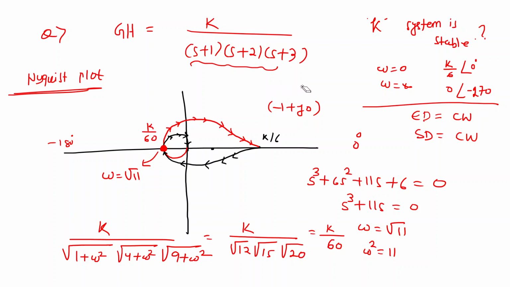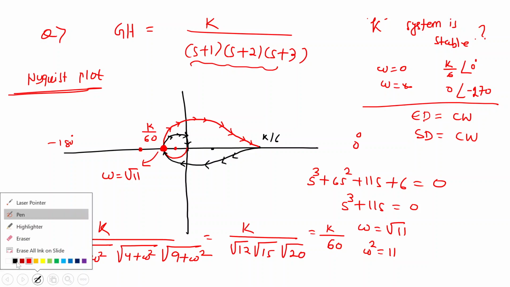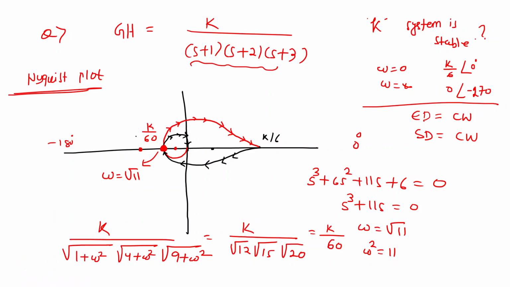If I don't know the k value, k can be anything, so I can't say whether this minus 1 point is inside this big circle or outside it. It can be anywhere, because I don't know the k value.